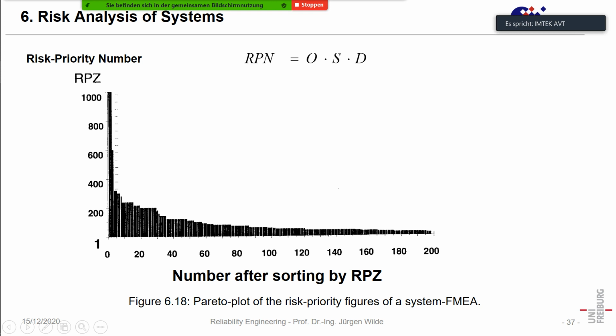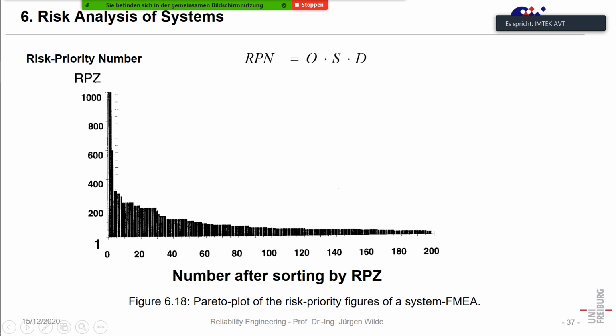Then you could say we have maybe a high risk priority number. On the other hand, we have an event which is of low probability, but the driver could die with a high probability. Then having two same risk priority numbers, the one with this higher severity must be eliminated first.